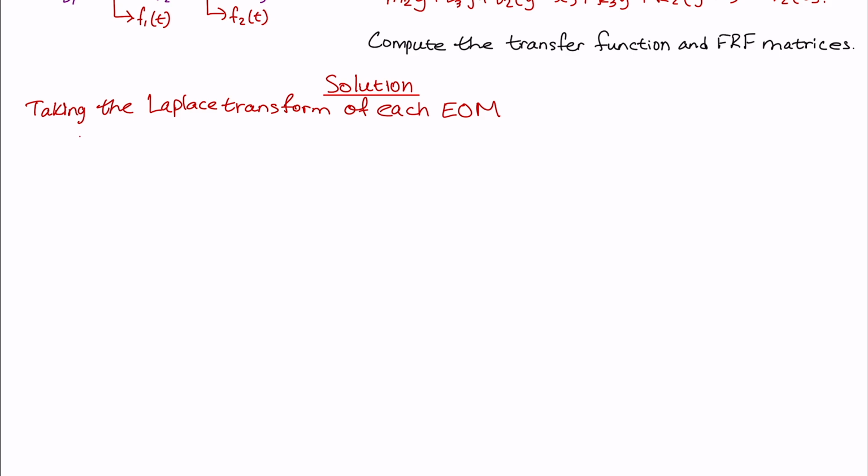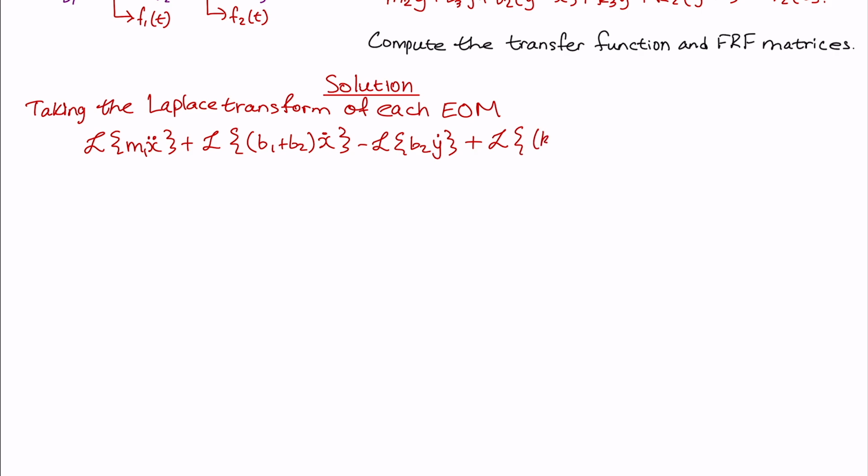This is going to give us the Laplace transform of M1 x double dot plus the Laplace transform of B1 plus B2 times x dot minus the Laplace transform of B2 y dot plus the Laplace transform of K1 plus K2 times x minus the Laplace transform of K2 y.